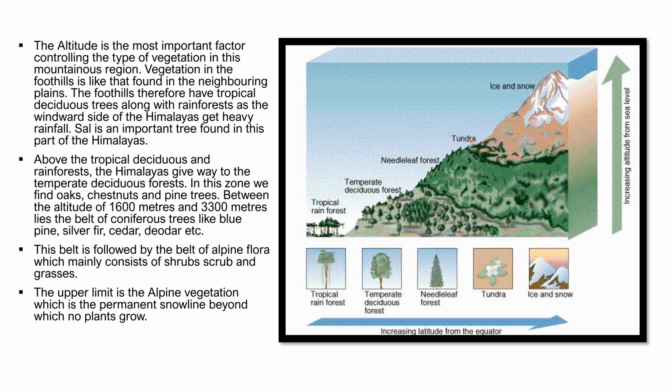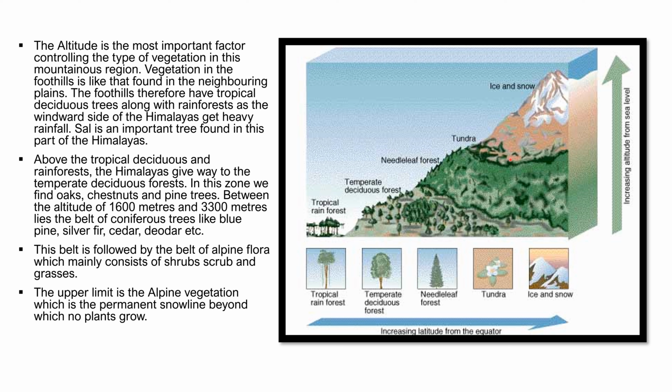It consists mainly of grasses at the higher altitude. Beyond the snow line, nothing grows, and it is mainly dominated by glaciers, ice and snow. In some areas where the height is great, scrub and shrubs as well as grasses and some flowering plants dominate.